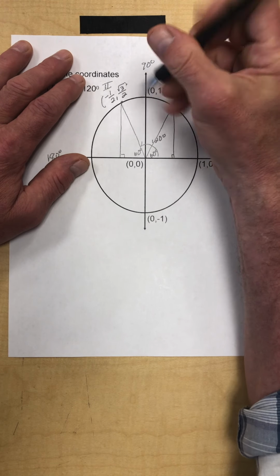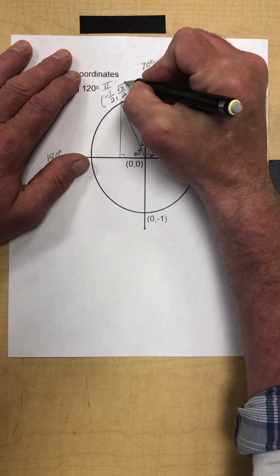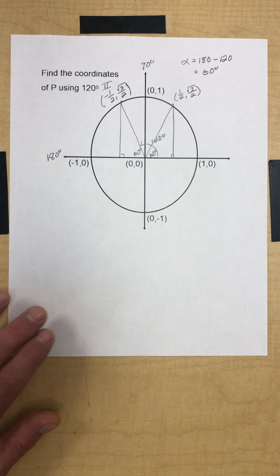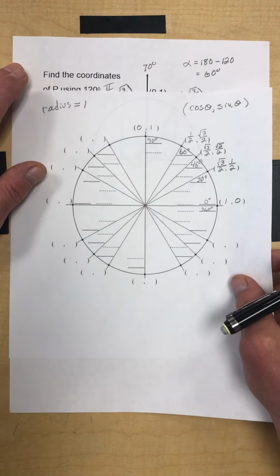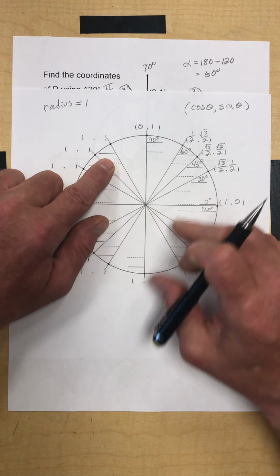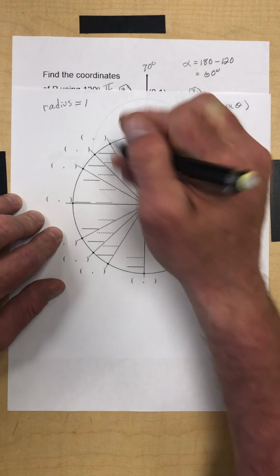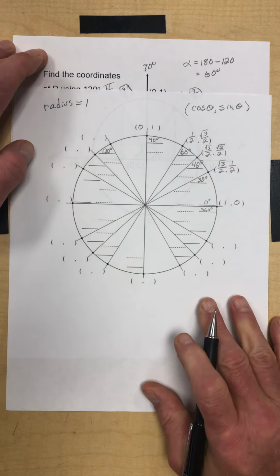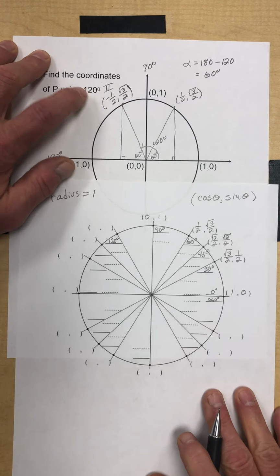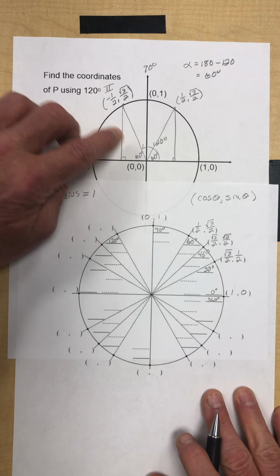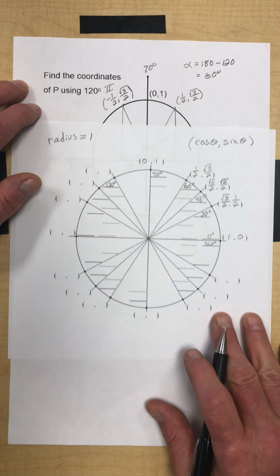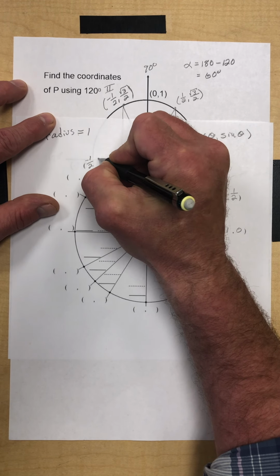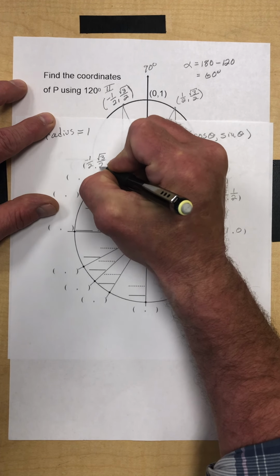And that takes care of the next important angle in our unit circle. That's the first special angle past 90 degrees. So this is 120 degrees, which obviously has a reference angle of 60 degrees, and that is at negative 1/2 and positive radical 3/2.